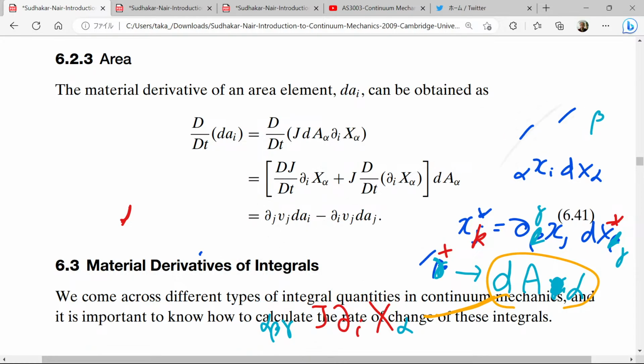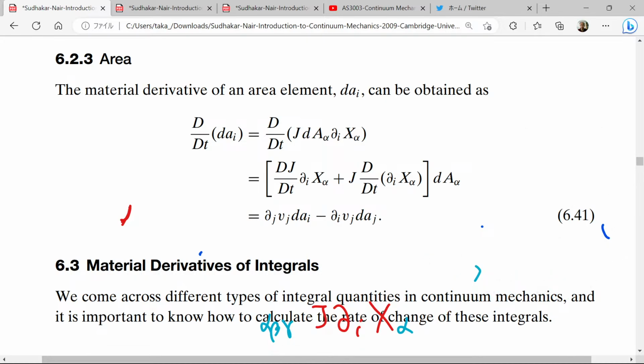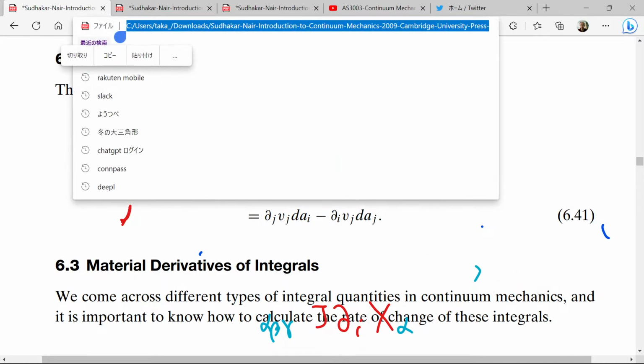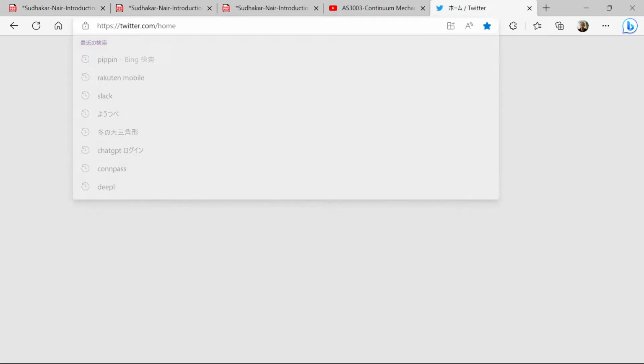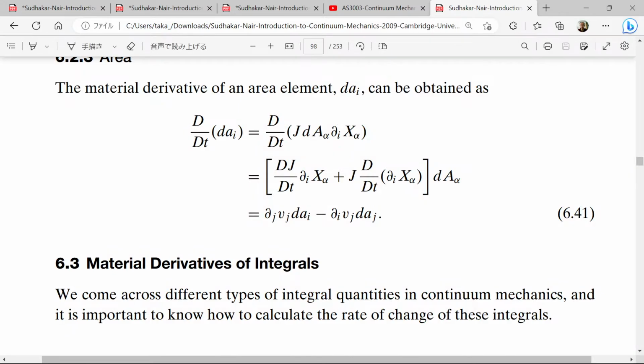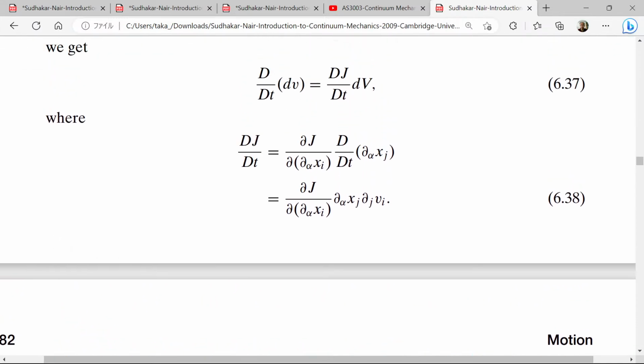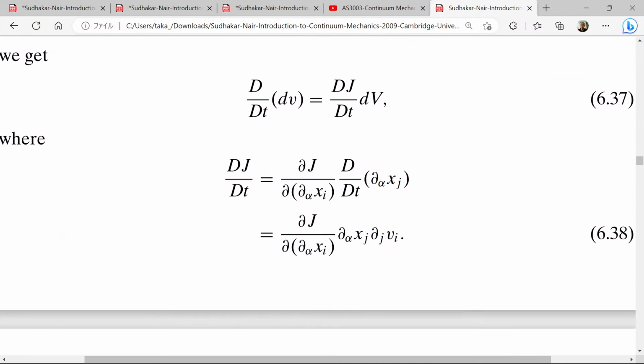Then I think we have been working on djdt. So let me do this. Yeah, djdt goes like this.